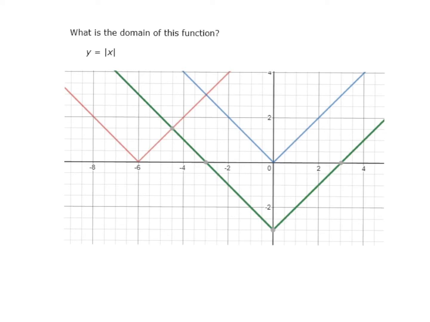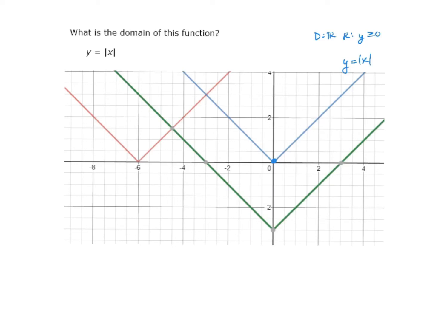I actually listed a few examples here. The y is equal to absolute value of x is this line here, and the domain would be all real, and range would be y is greater than or equal to 0.